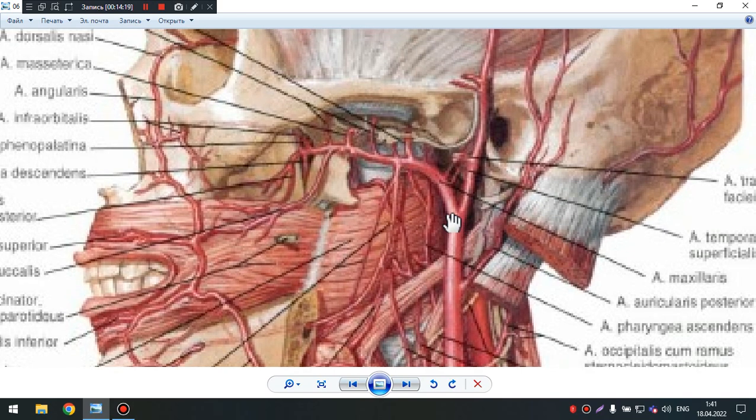It directs behind the ramus of the mandible into the infratemporal fossa and into the pterygopalatine fossa. This artery topographically has a retromandibular part, a pterygoid part, and a pterygopalatine part.